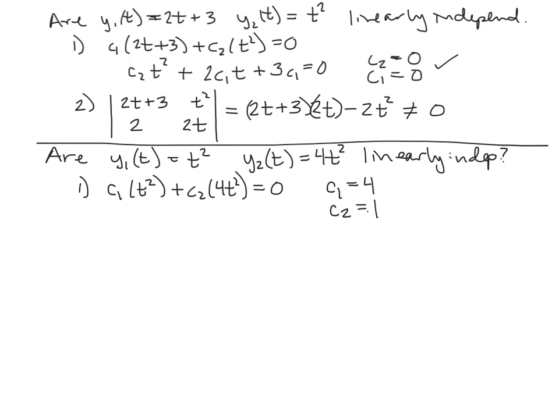How about c2 being negative 1? Then that would make this equation equal 0. So we'd have 4 times y1 minus y2 equal to 0. Right? And this is called the linear relation.